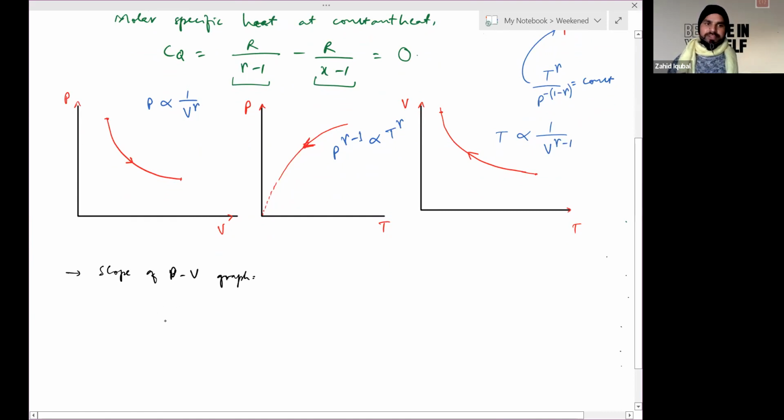Since we have the relation between pressure and volume as PV to the power gamma equals constant, differentiate with respect to volume.